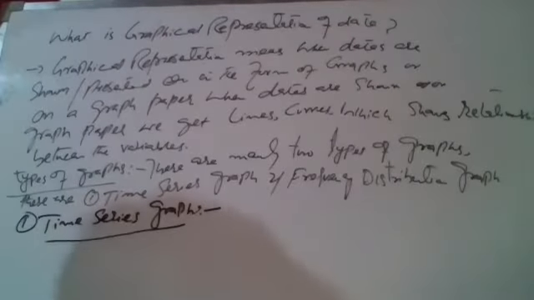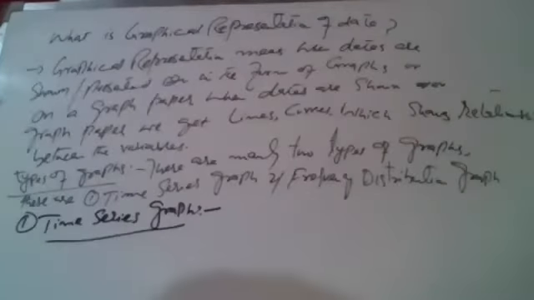When datas which are time series datas, those datas which are related with some time, those are called time series data. Some data are related with time, with years, with hours, with seconds, with minutes, with decades, etc. That is called time series data.